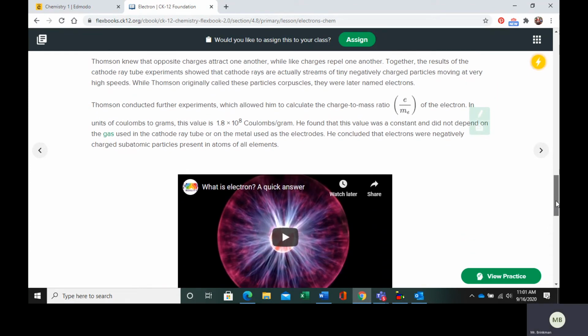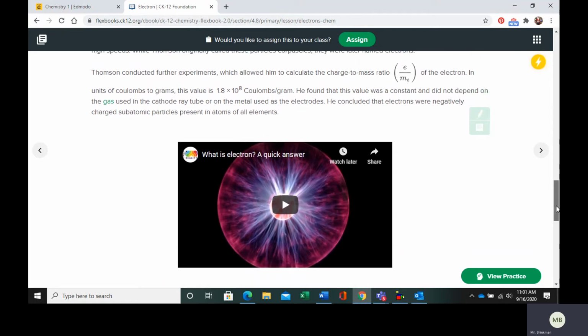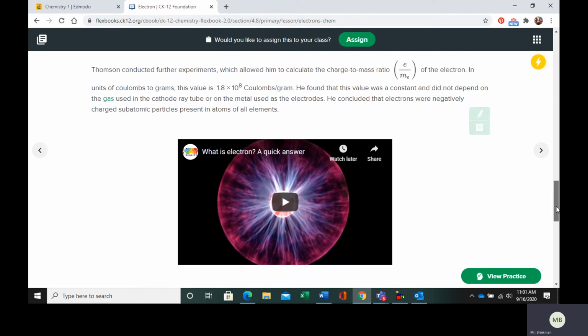Thomson originally called the particles corpuscles, but later they were named electrons. He did more experiments in which he was able to calculate the charge to mass ratio of an electron, which is 1.8 times 10 to the 8th coulombs per gram.